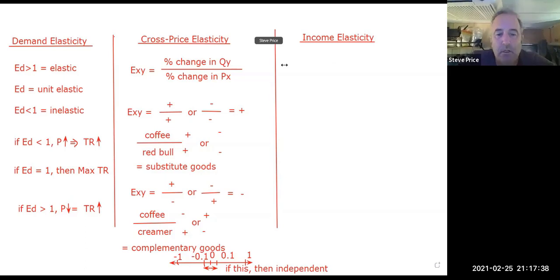So E sub I equals, so now let's do another formula that draws out what this relationship is. So I here stands for income. And here we're looking at the percentage change in the quantity people demand, Q sub D, divided by the percentage change in income.